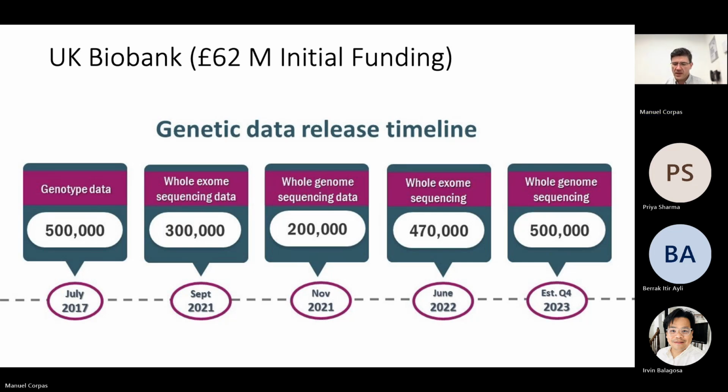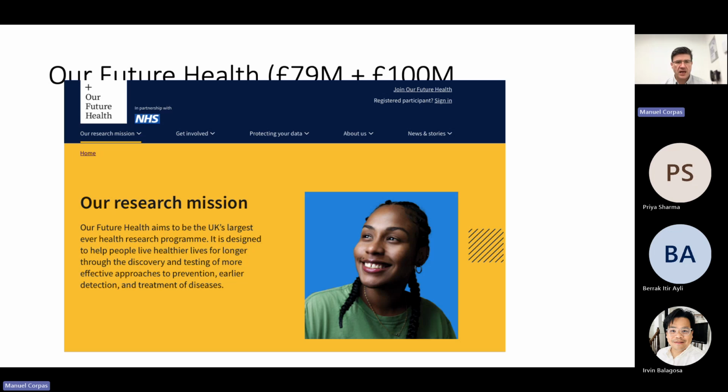And then the next big thing now happening is called Our Future Health, whereby they have the genomes, the clinical histories, and the many measurements and questionnaires for 5 million people. That is 10% of England's population. And nothing like this exists anywhere else in the world.